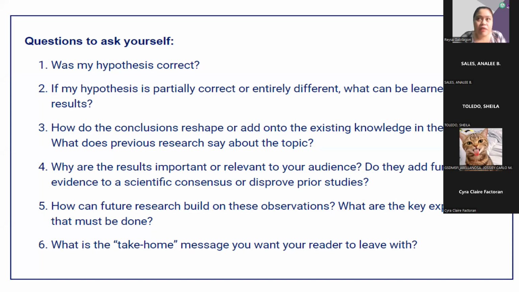Pero dati, you have the chapter 5. Ang title ng chapter 5, nakalimutan ko. Diba that's conclusion and recommendation. Ayan ata yung findings of the study, summary of findings, conclusions, and recommendations. I think that's it. That's the title of the chapter 5. Dati, yung dating format natin.